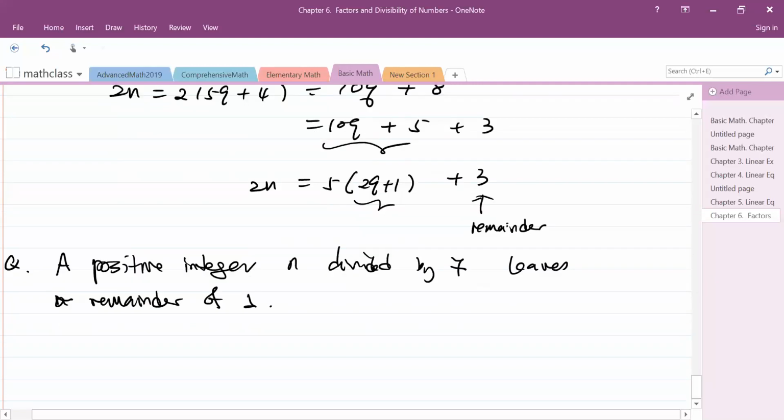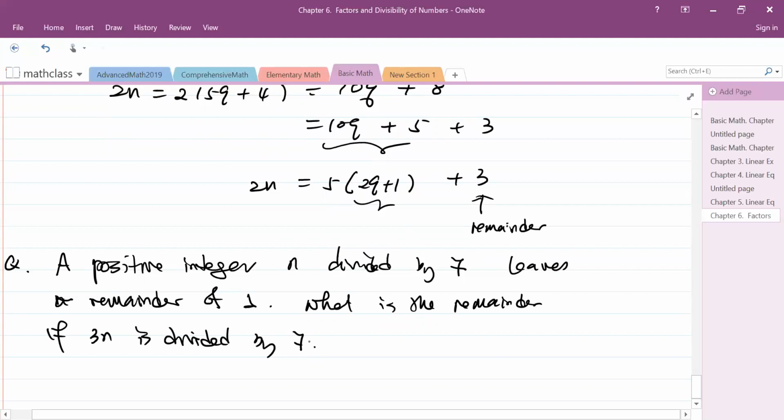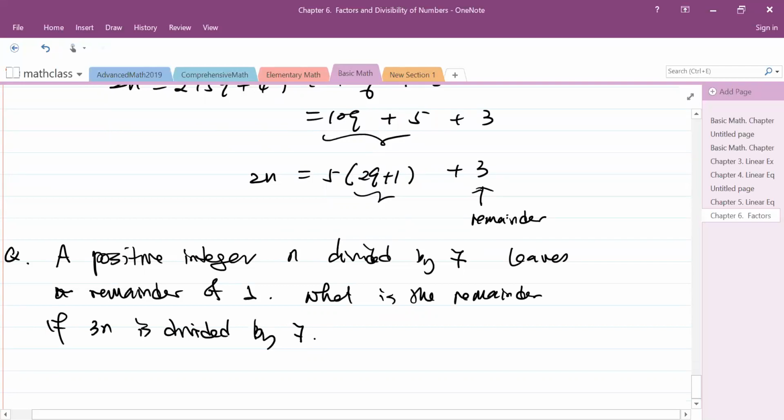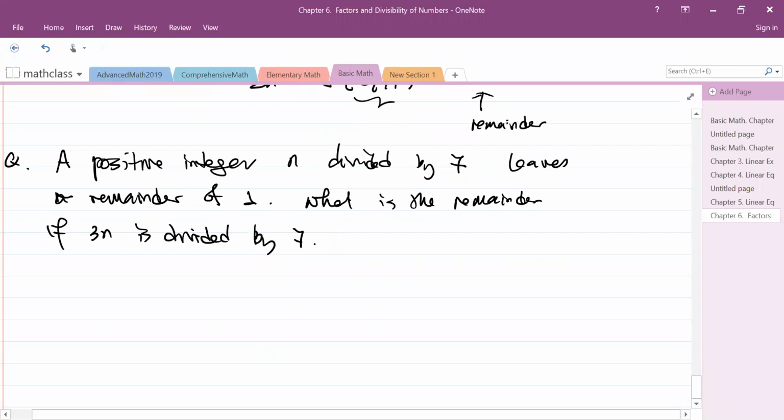Now, what is the remainder if 3n is divided by 7? You can use examples to conclude that, or, because in general this is a definite answer, I suggest you work it out in general.